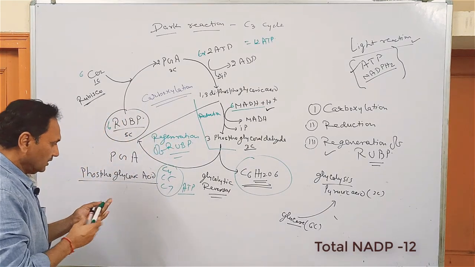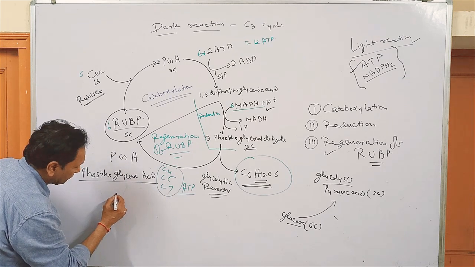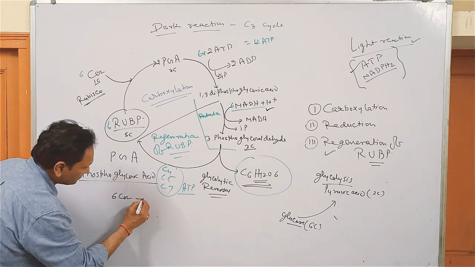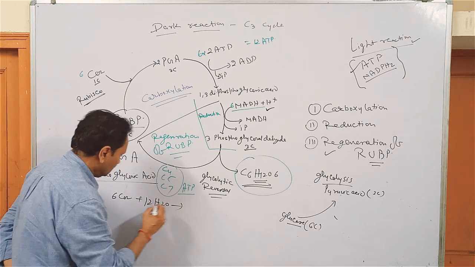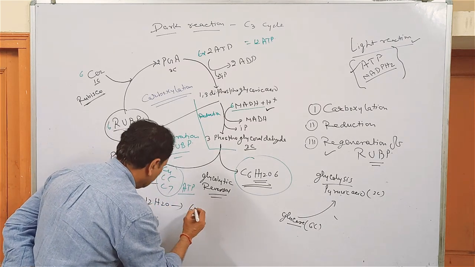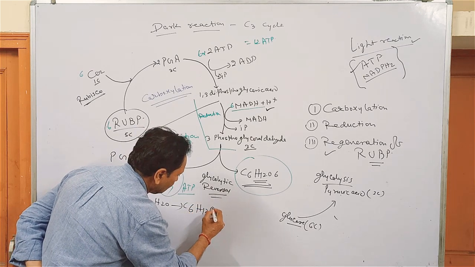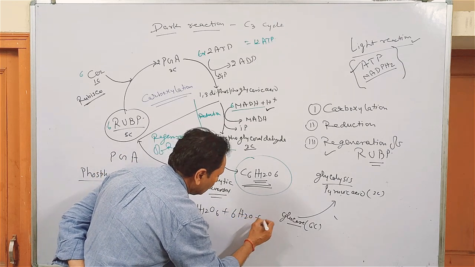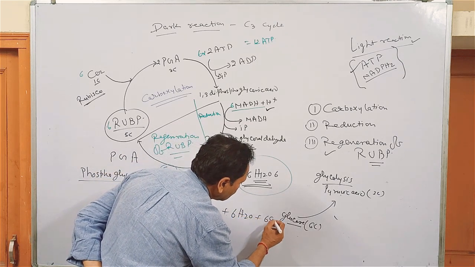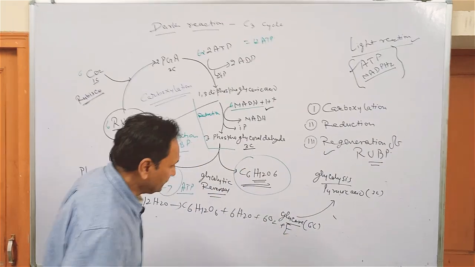So during photosynthesis, you will see that 6CO2 when reacted with 12H2O gives C6H12O6 plus 6H2O plus 6O2 plus energy.